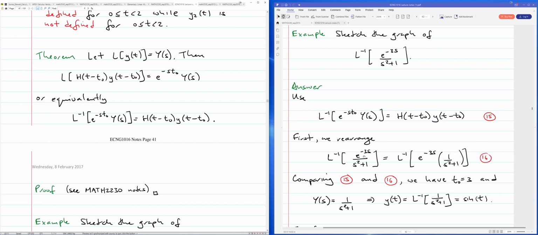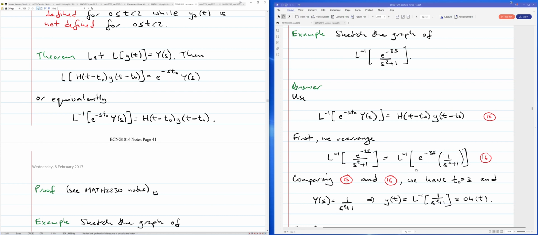form, right? So what you need to do is rearrange the inside of this Laplace inverse so that it is of the form e to the minus 3s times a function of s, right? Okay, so now this e to the minus 3s times 1 on s squared plus 1 is of this form over here, and I can identify what the Y of s is. The Y of s is this 1 on s squared plus 1, right?